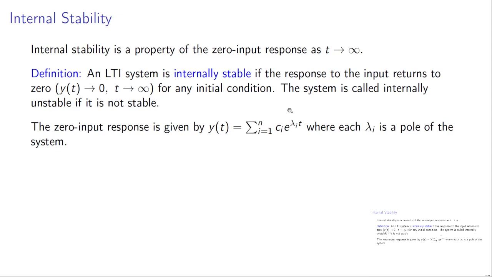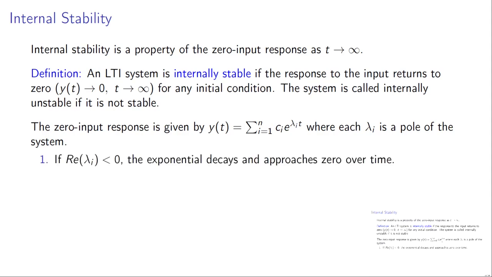When you take the inverse Laplace transform of the transfer function, you have a function of time, okay? And then you have these exponentials appearing because of the inverse Laplace transform. So if the real part is smaller than zero, the exponential decays and approaches zero over time.